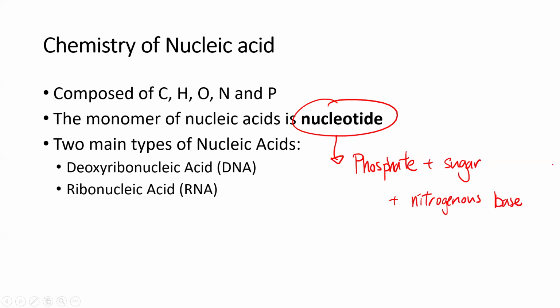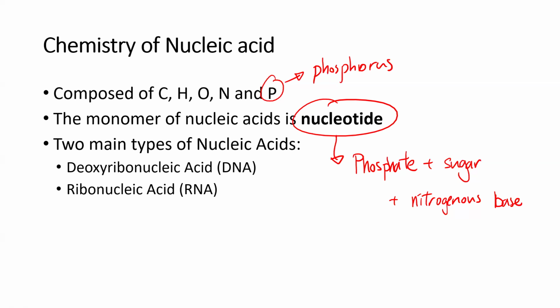Now, some people get confused. They don't understand the difference between phosphate and phosphorus. What does this P stand for? Phosphorus, that's right. Phosphorus is an element, just P on its own.